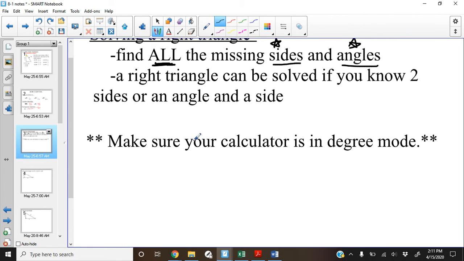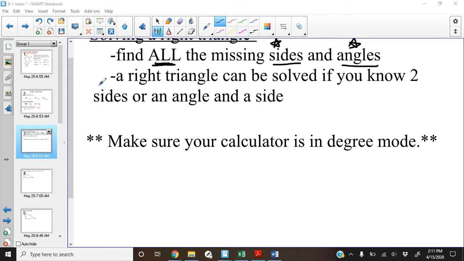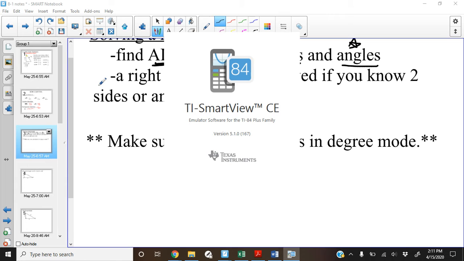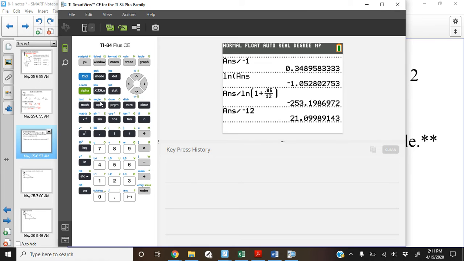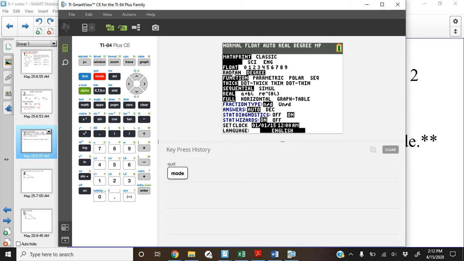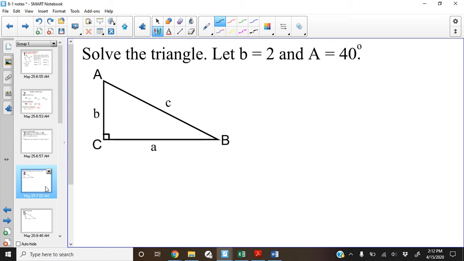And then you're going to make sure that your calculator is in degree mode. So let's quickly go over that. If you've reset your calculator since last punching in angles, you will have to do this. So go into mode at the top, and then 3 from the bottom, highlight degree, and you should be all set.